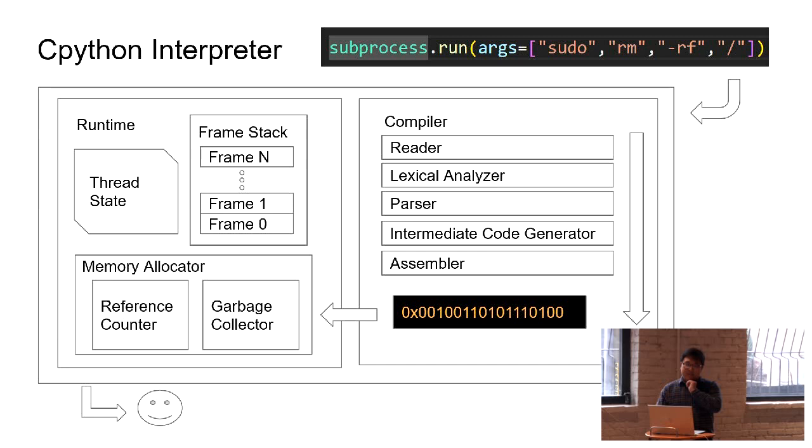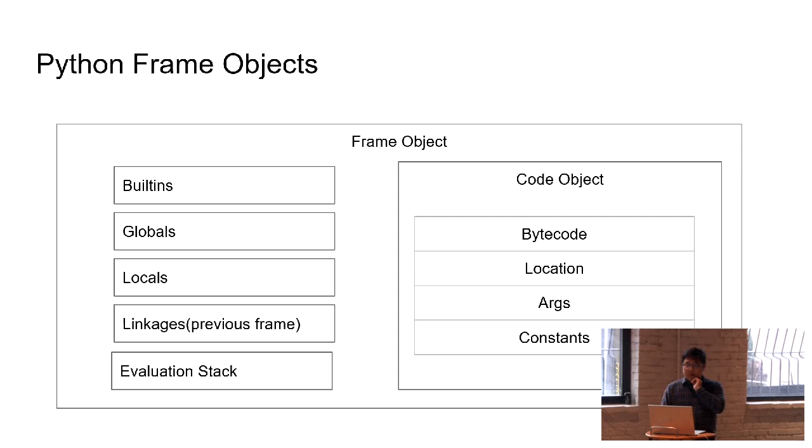But I'm just going to focus on how the runtime actually executes your code and how it runs it. So first, let's discuss what a frame object is. It's not important right now. It will be important later, but I think it's also good to know.